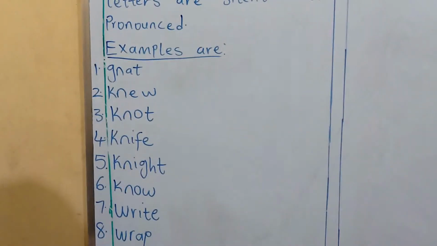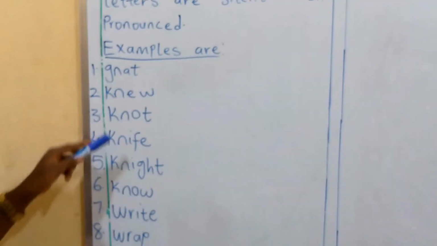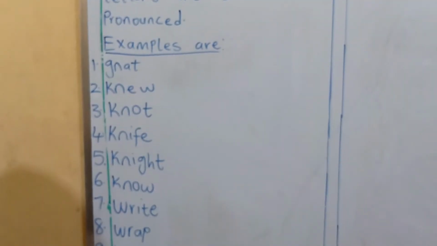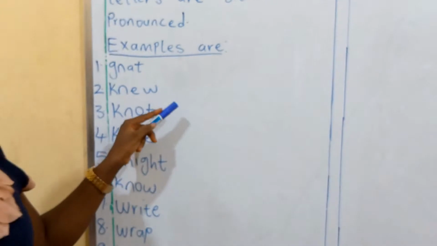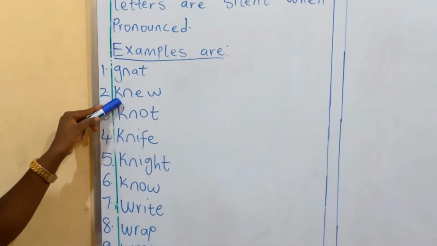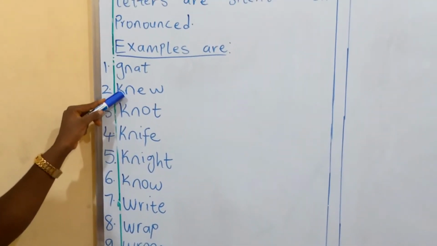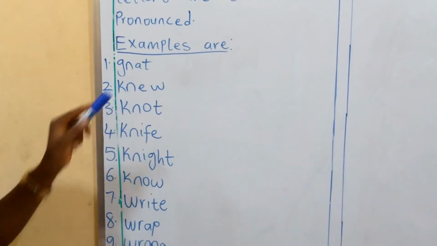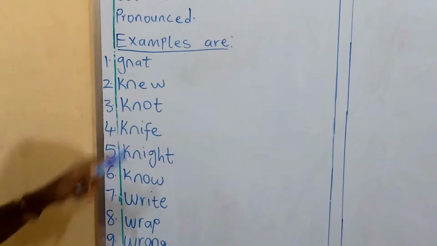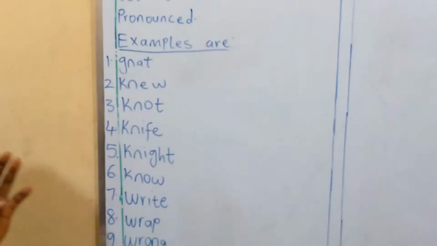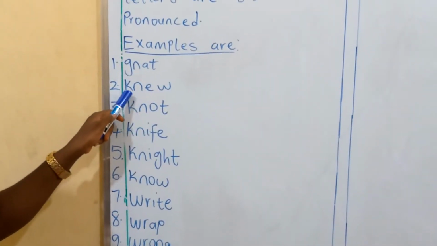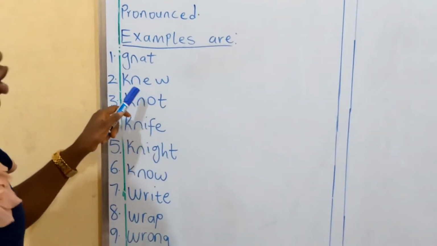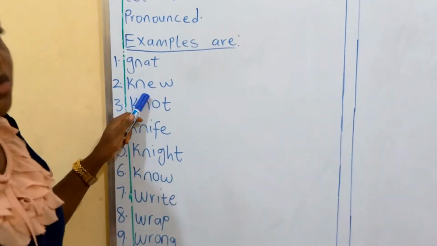Now look at the second one. This word begins with a silent letter. You will not sound the first letter. That means K is silent. So now when you are pronouncing it, you will start from the second letter. So instead of saying knew, you pronounce it as new.